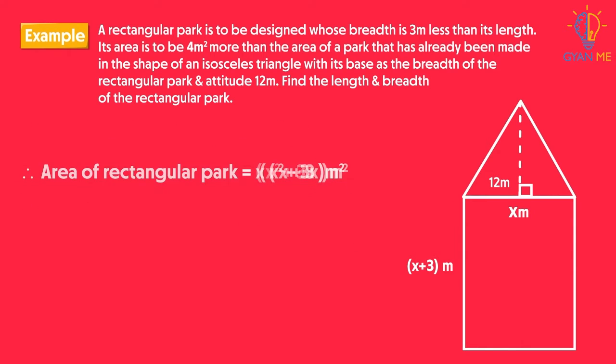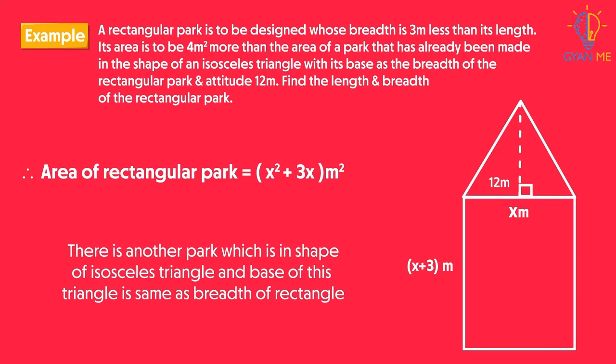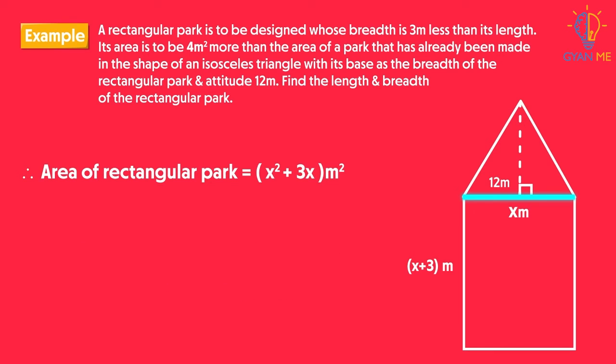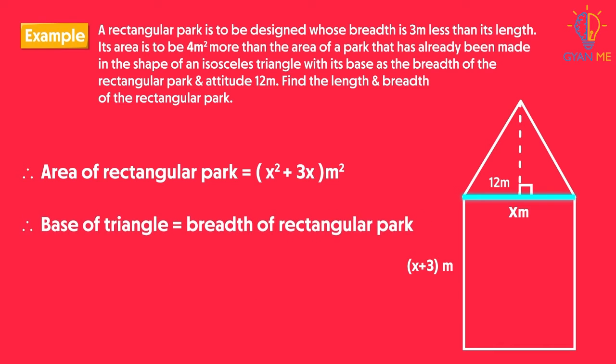We are also given that there is another already existing park which is in the shape of an isosceles triangle, and the base of this triangle is the same as the breadth of the rectangle. Therefore, the base of the triangle is equal to the breadth of the rectangular park, which is equal to x meter.